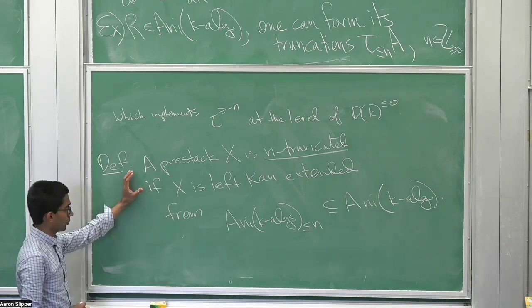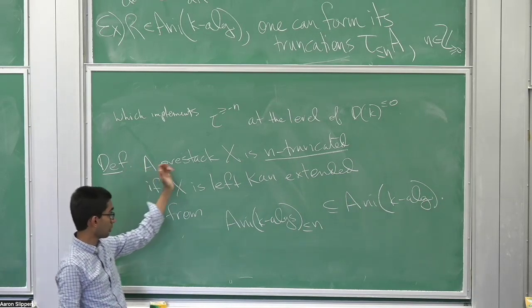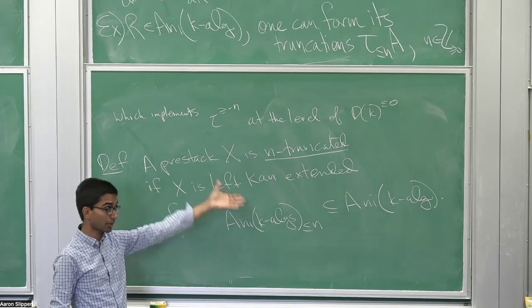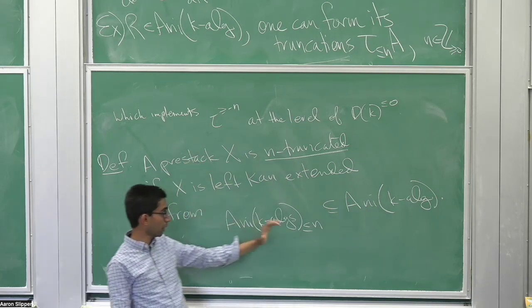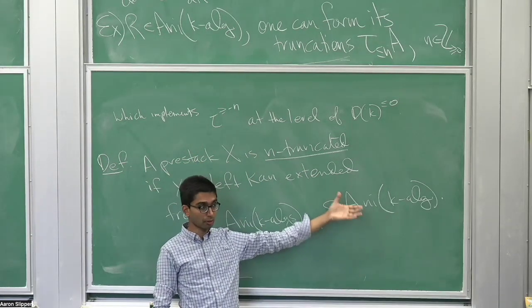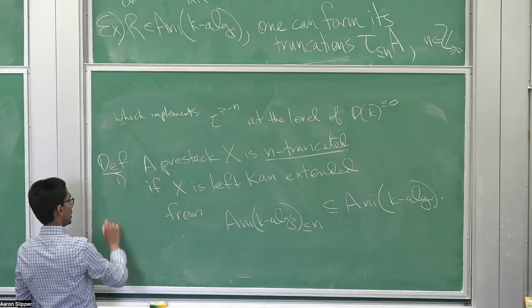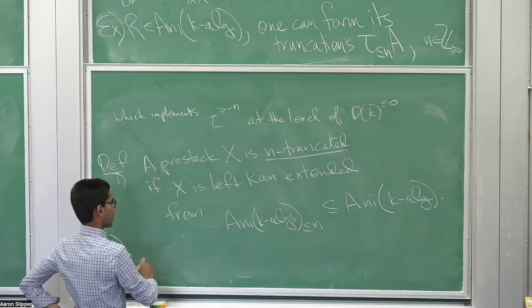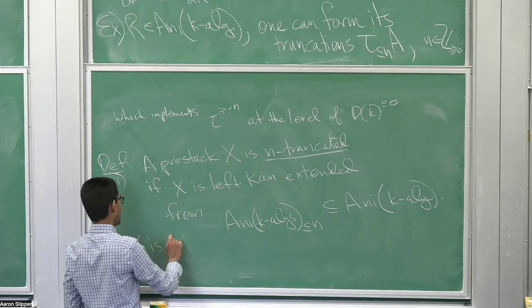So for example, with n equals 0, that would be saying that X is formally determined by its values on classical K-algebras inside all animated K-algebras.